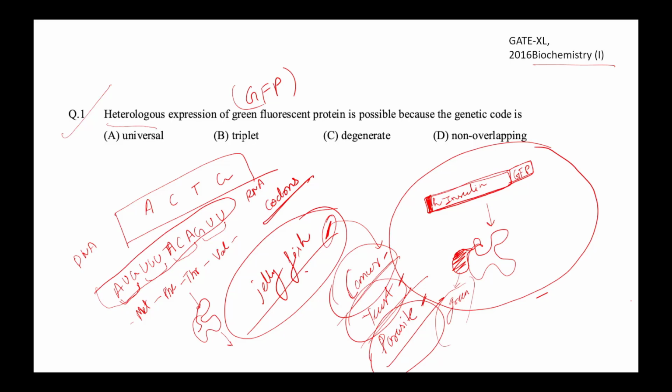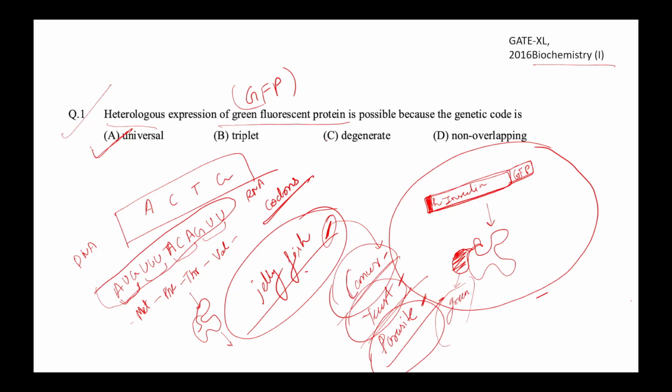Because wherever, in whichever system you put the gene sequence, the codons are universal, they will code for one particular amino acid only. So whatever amino acid is synthesized will be the same as that synthesized in the natural source. That is why the heterologous expression of GFP is possible, because of the universal nature of the genetic code.